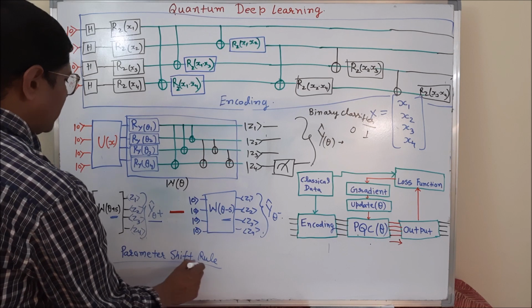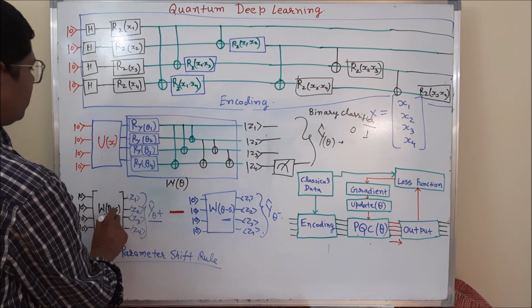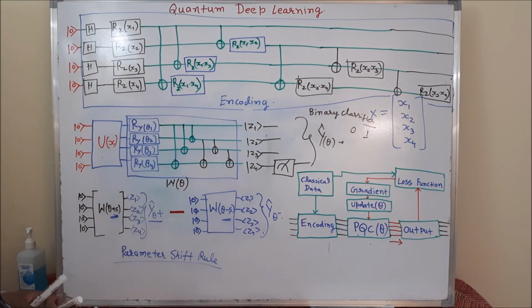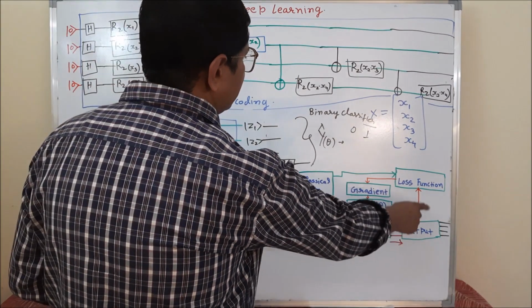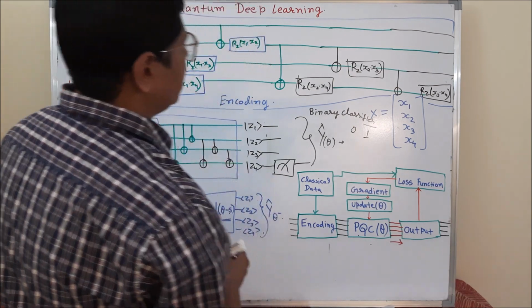So why do we call it a parameter shift rule? Because we are shifting a parameter from plus s to minus s and taking the differences. This is very easy to understand. After that we continue the loop until we reach our learning or training target.